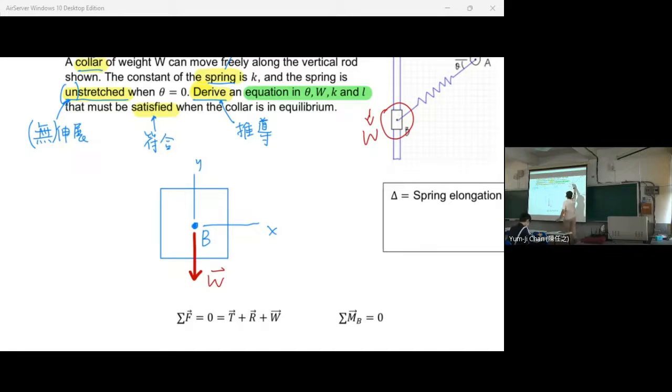It is connected to a spring, so there is this spring force here. We say it's T. And here the angle of this spring force is given, so it is theta.